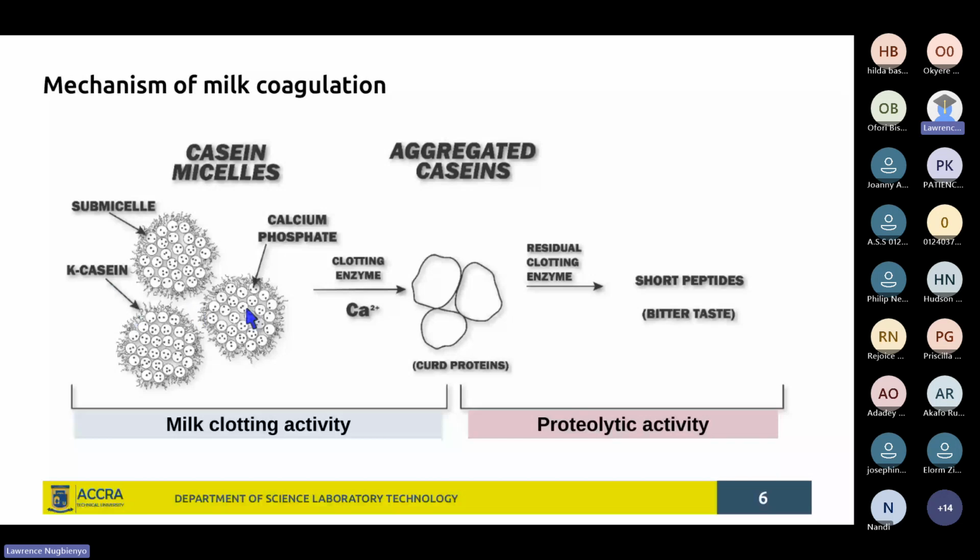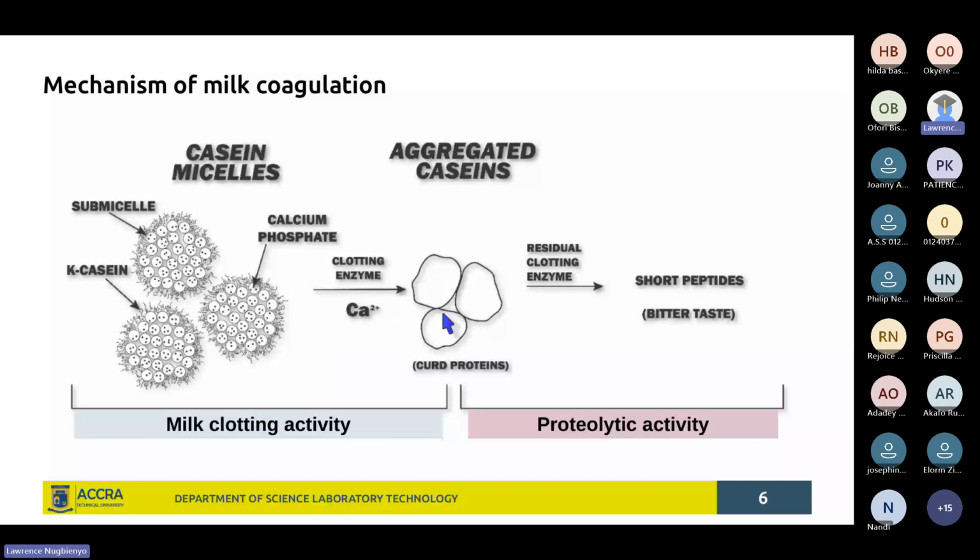And when you introduce the enzyme, which is chymosin, of course, with the calcium ions acting as a cofactor, you begin to have thick curds forming. And when such curd, such aggregates of casein are being produced, they will begin to settle.